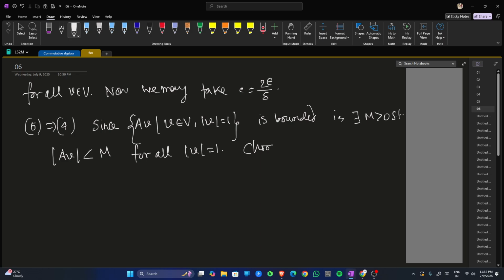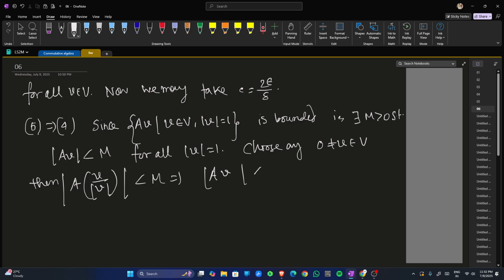Choose any 0 not equal to v belongs to V, then A of v by norm v, this modulus is less than M. This implies norm Av is less than M norm v for all v belongs to V. Yeah, fine. Done.